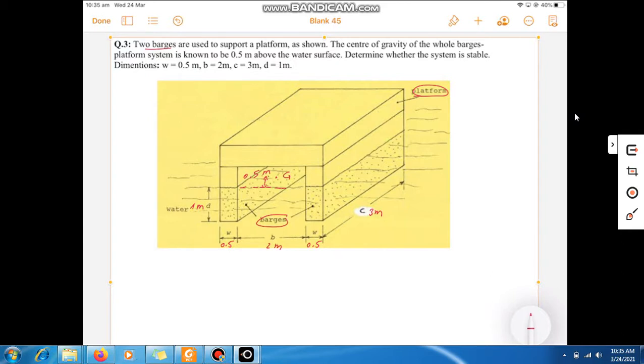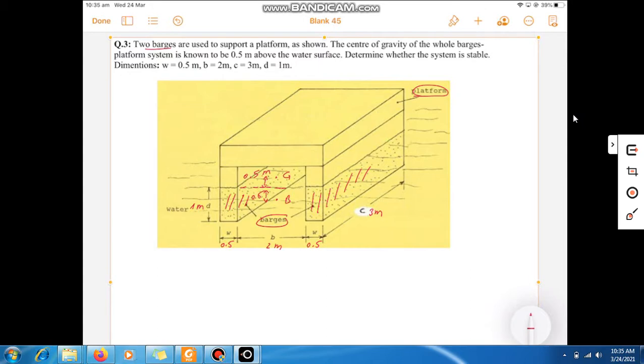So now you have to find B, the centroid of the submerged volume. And the submerged volume is this one and this one. So the centroid of the submerged volume B will be below the water surface. And the distance from B to the water surface is half of D, or 0.5.